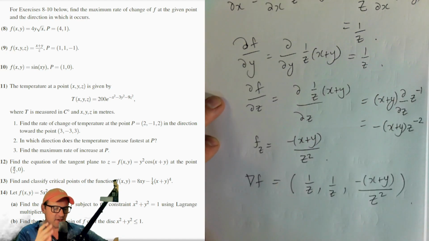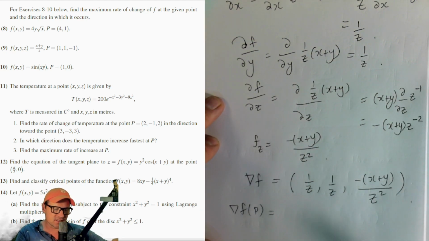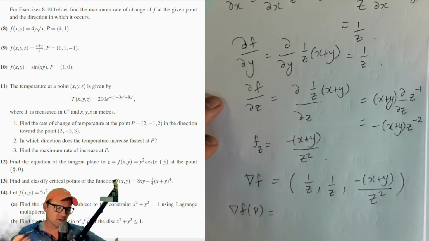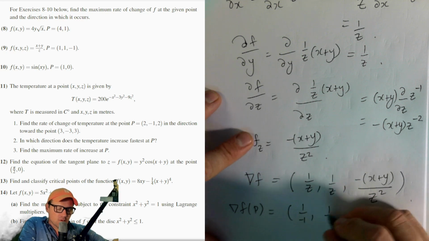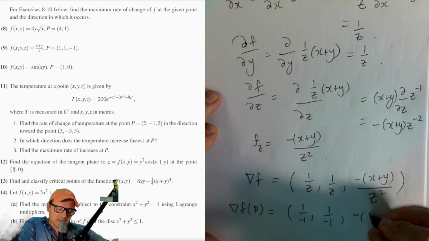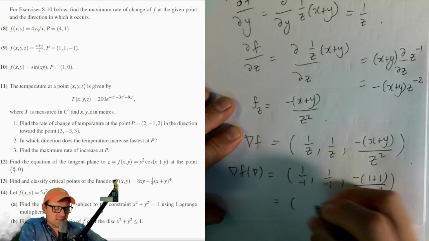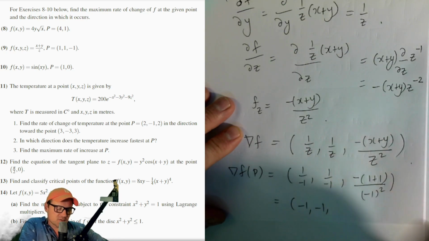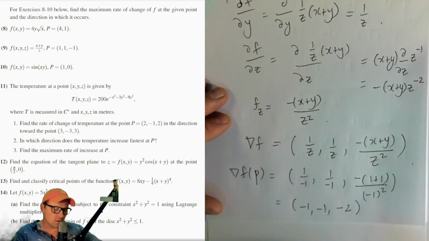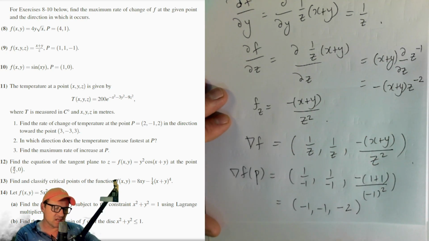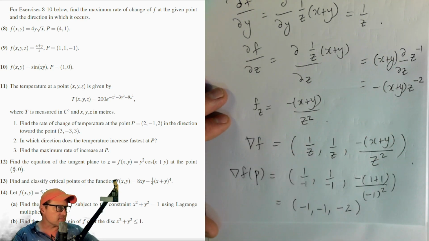And now grad f at P, so this time we're just subbing in 1, 1, minus 1 for x, y, and z respectively. So we have 1 over minus 1, 1 over minus 1, minus 1 plus 1 over minus 1 squared. So this is the vector minus 1, minus 1, minus 2 over 1 is minus 2. Okay, so now we have grad f at P. So to find the maximum rate of change of f at the point P, we need to take the norm of this vector.